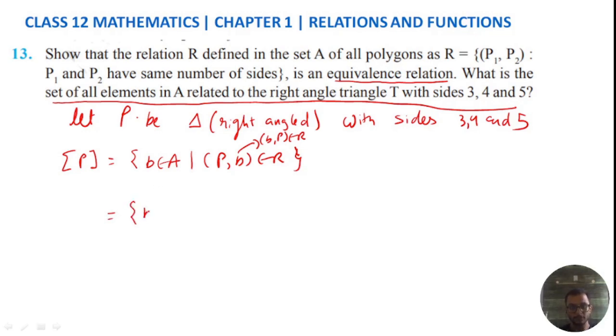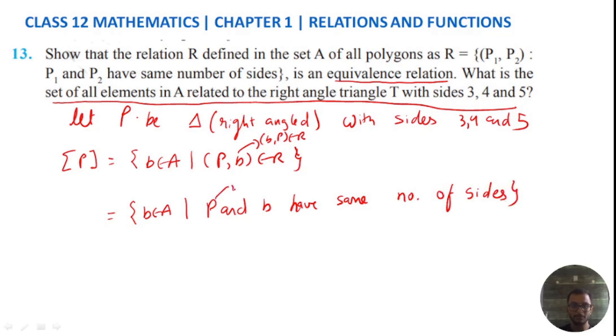So B belongs to A. Two polygons are related according to this when they have the same number of sides, that is, P and B have the same number of sides. Now can you tell me what these will be? P has how many sides?